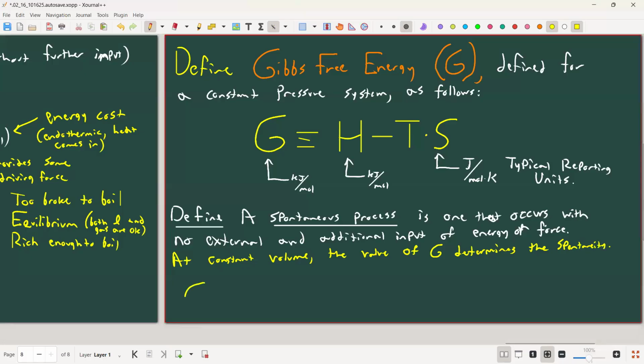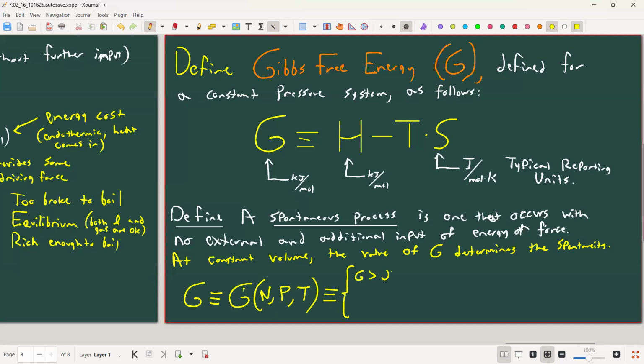And so G, and we'll study this a little more next class, is a function of a constant temperature, constant pressure system, NPT. It has three conditions that we just talked about; I'll repeat them.